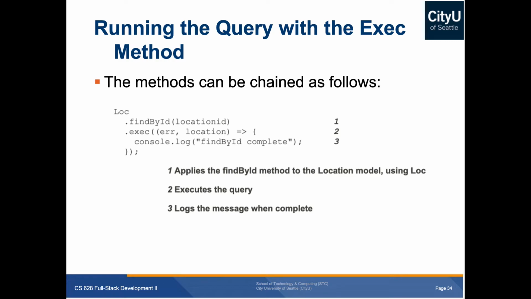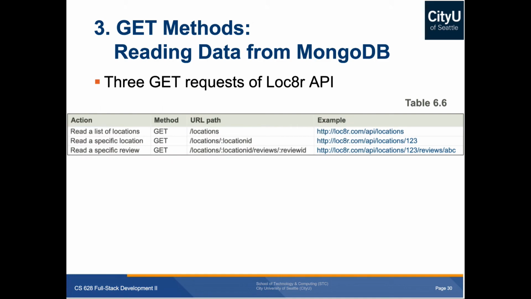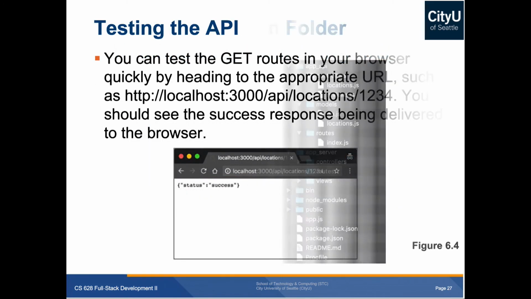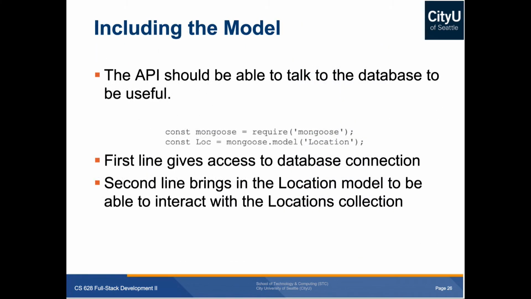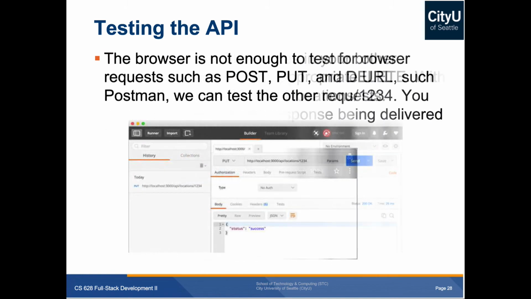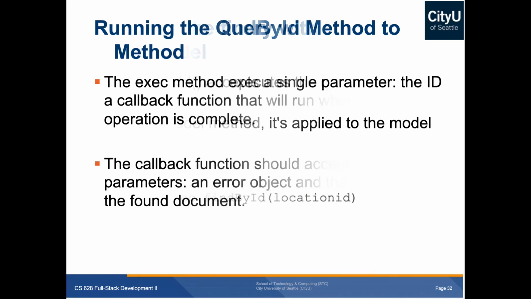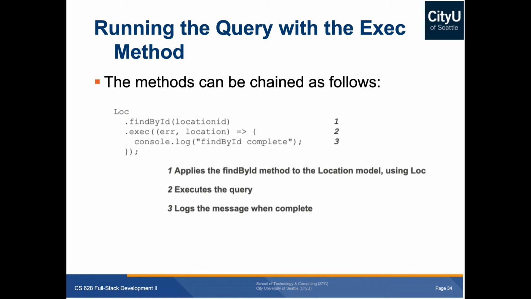Let's start with the location. As we go back, Loc is the model that you specified. Once you have the model, you can use findById with the location ID, and then execute that query statement.